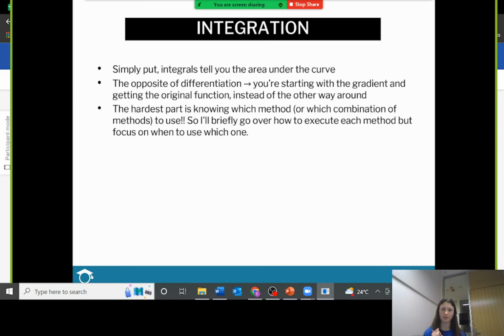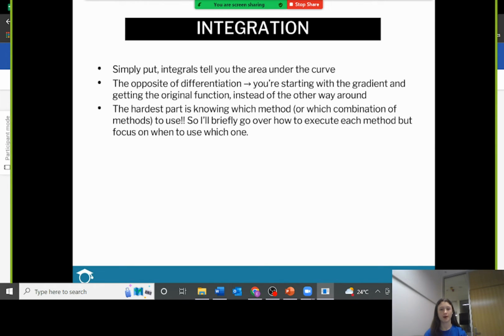And often there's multiple ways that you can do a question, and to do a question you're going to have to use maybe 2 or 3 or even 4 or 5 different methods. So the hardest part is looking at what you have to integrate, identifying the patterns and the trends, and then subsequently identifying which method you need to use.